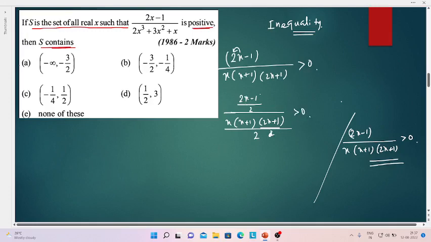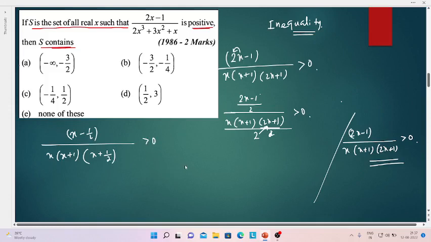So if we divide this part, the numerator will become x minus half, and the denominator will have x times x plus 1 times 2 will be in that particular range. So in that particular 2 will be with 2x plus 1, so it will have x plus half, right, greater than 0.